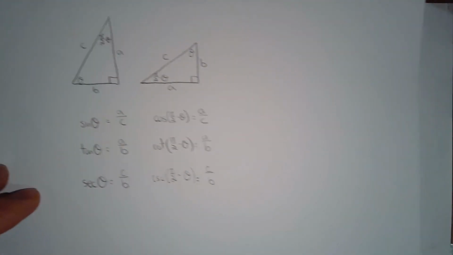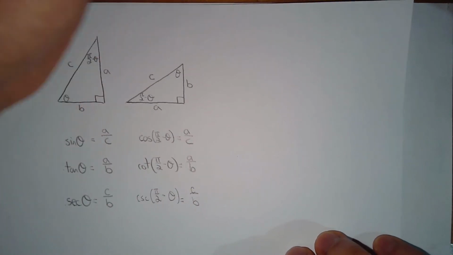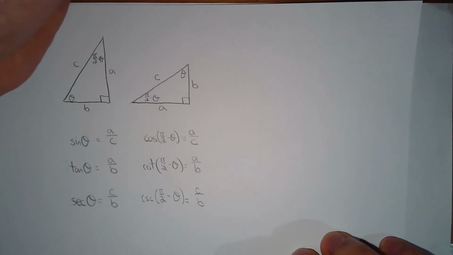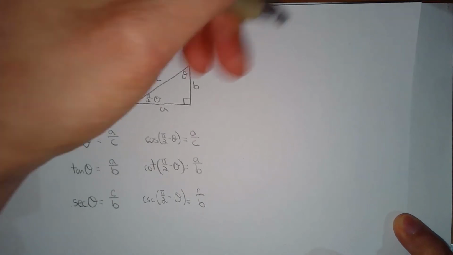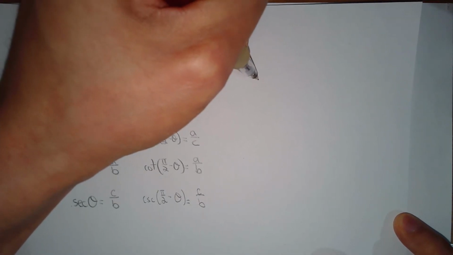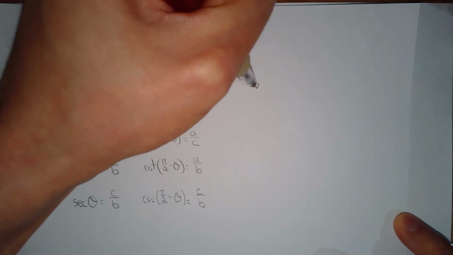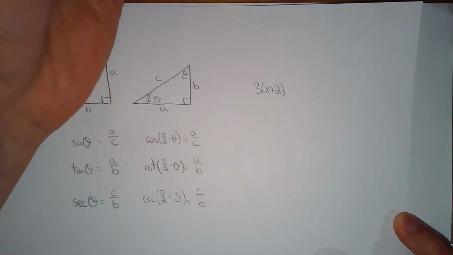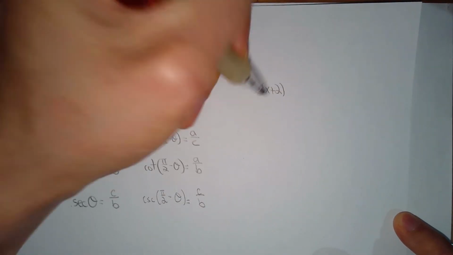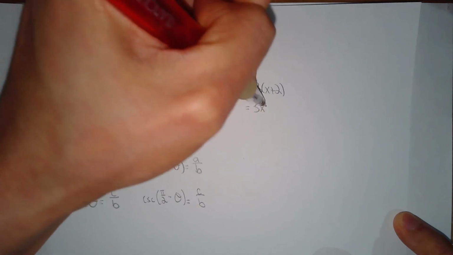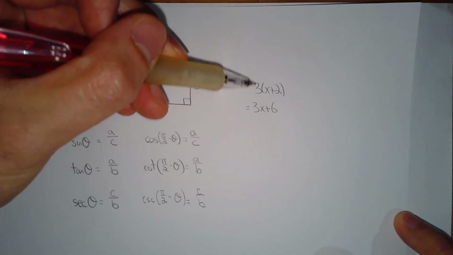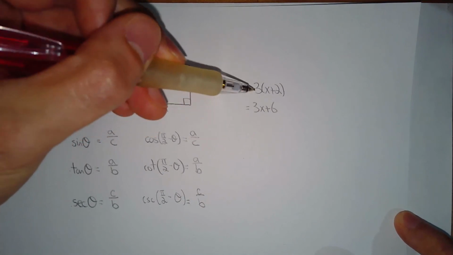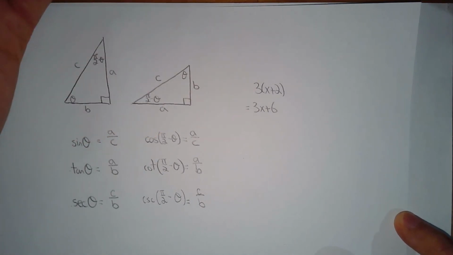I just want to focus on equivalent expressions, because that's the idea you want to focus on. In grade 9, you did something like 3 times x plus 2, and you would say, obviously, that's 3x plus 6. So these two expressions are equivalent. Yes, they look different, but mathematically, they're equivalent.